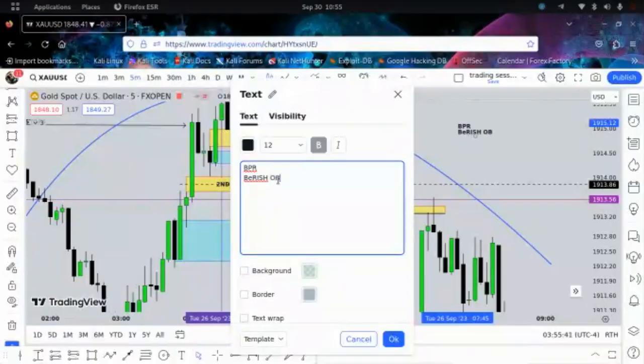In a bearish order block. What else do we have? We have a bearish breakup block. So, continue typing on your bearish breakup.